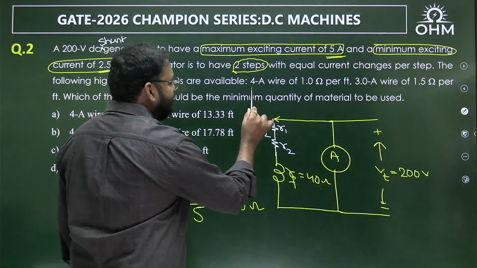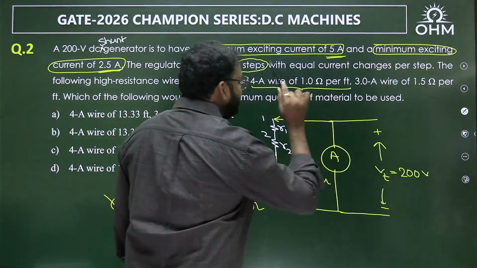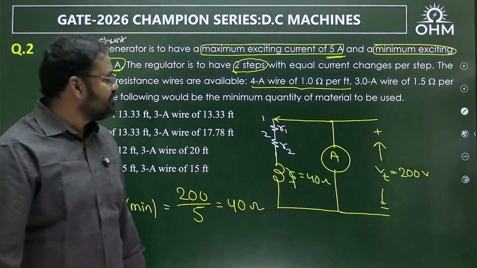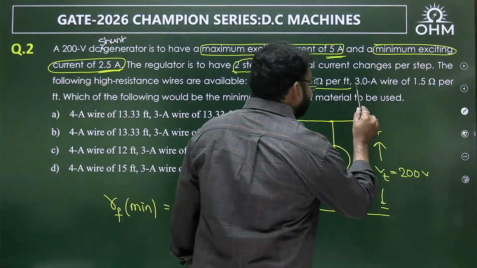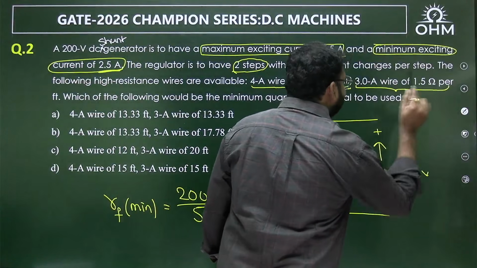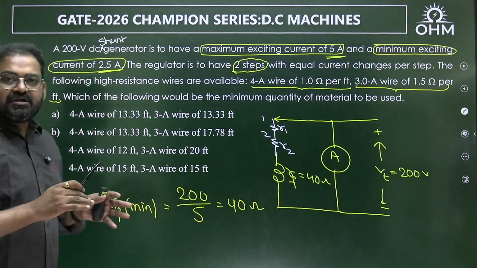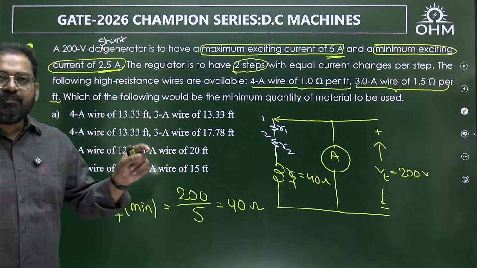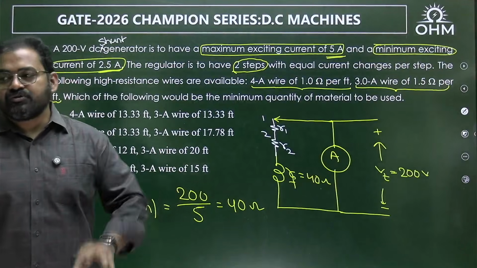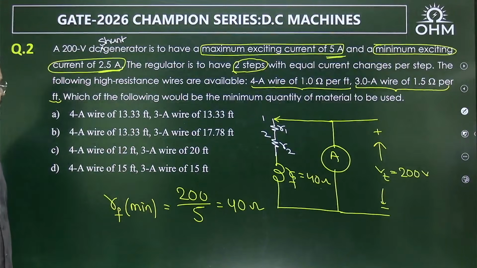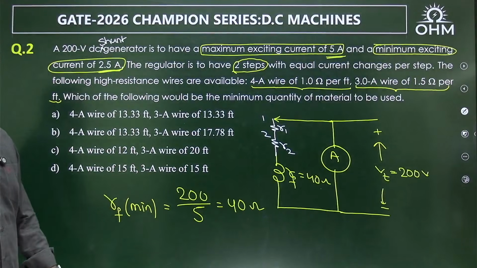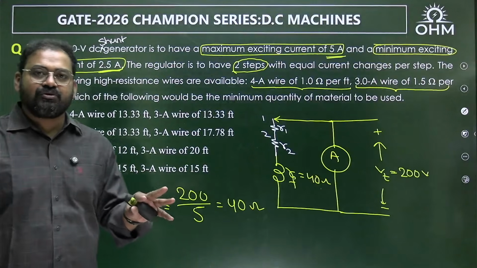I have a 4 ampere wire with 1 ohm per feet. Another one, a 3 ampere wire with 1.5 ohm per feet. But my question here is: what is the minimum amount of material I have to use? There are 4 options given. Which is going to be the correct answer? Minimum amount of material I have to use.